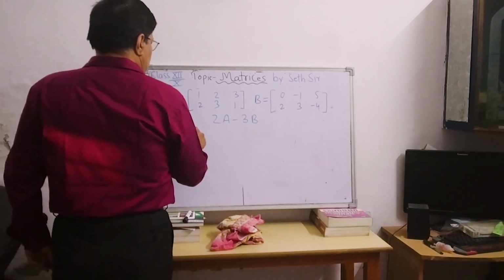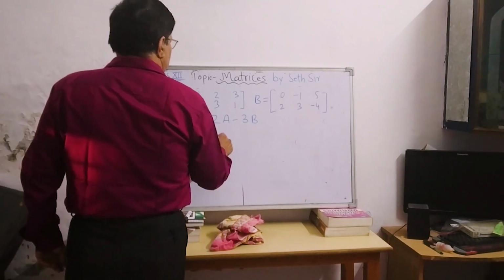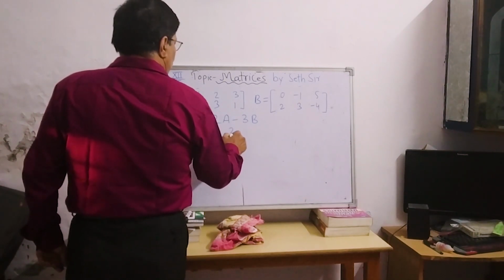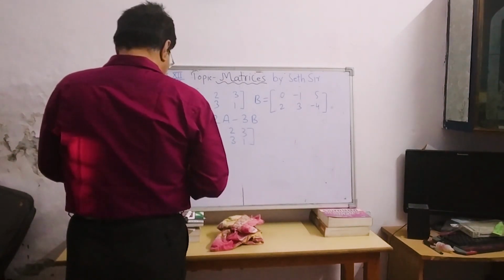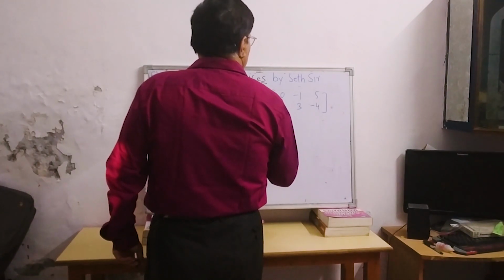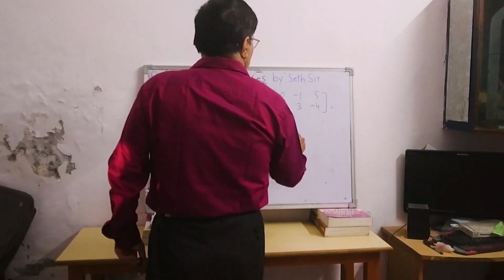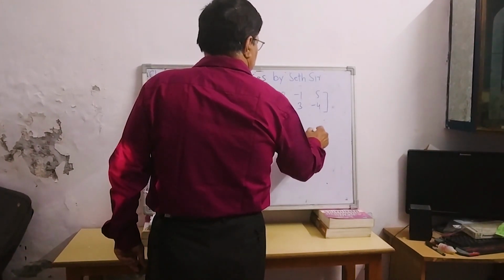First write it, this will be 2, and here you will write again 2, 2, 3, 3, 1. Then put a minus sign here, minus 3, 0, 2, 3, 5, minus 4.